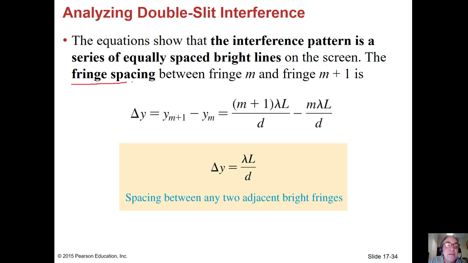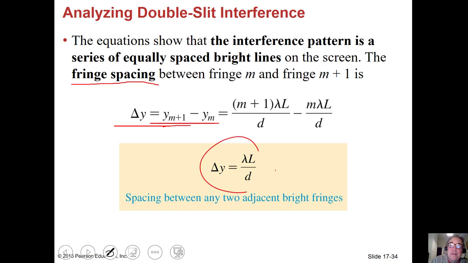The fringe spacing, in other words, the distance between each of those, we can use m plus 1 and just m, put the numbers in, and you get this. This is the distance between each bright spot. So wavelength times L over d. That's the distance between, like, m is equal to 1 and m is equal to 2, 2 and 3, 3 and 4. It's all the same. So that's what this is, the distance between the bright spots.